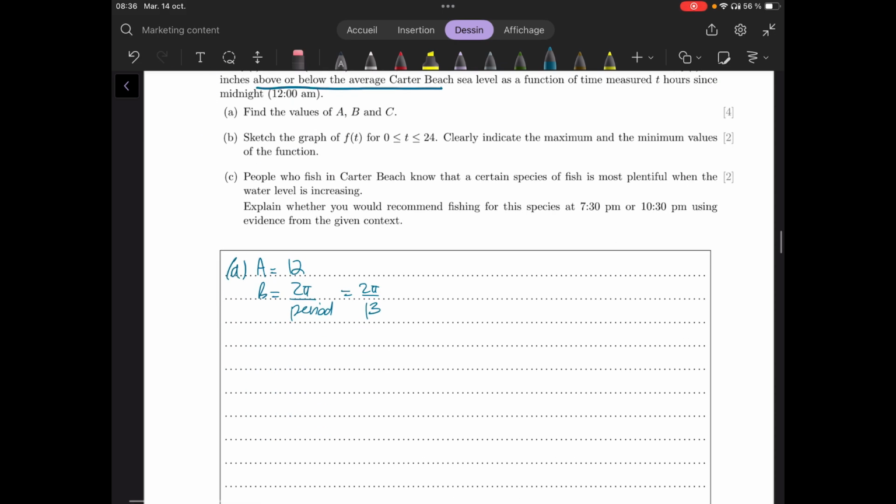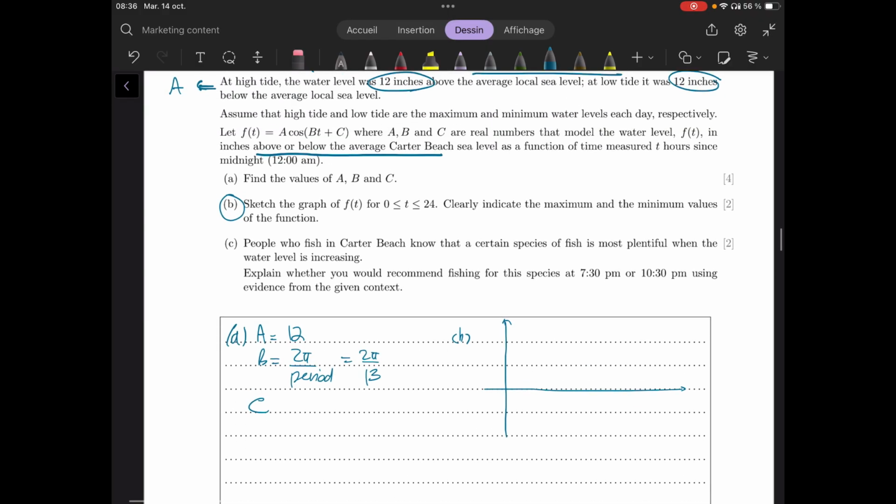C is gonna be the phase shift. So to do this, it is a good idea to also look at part B, where we are asked to sketch the function. Where are we right now?